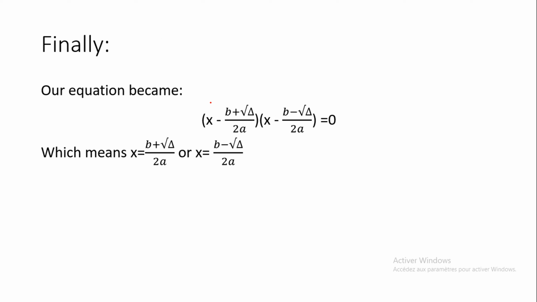And finally, if you've done your homework well, you know that if we have the product of two terms equals 0, then the first term must be equal to 0 or the second term must be equal to 0, which means that x equals minus b, sorry, we have a minus here and we have a minus here.